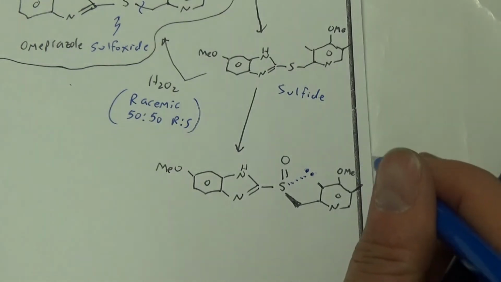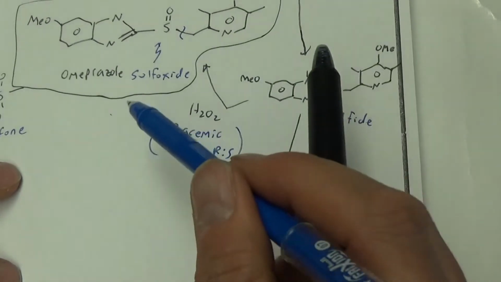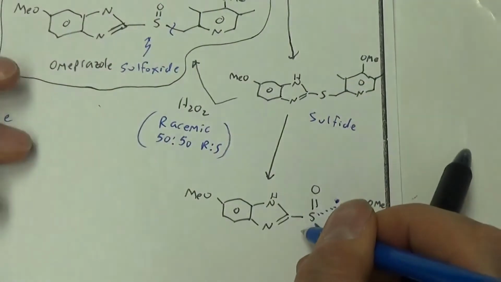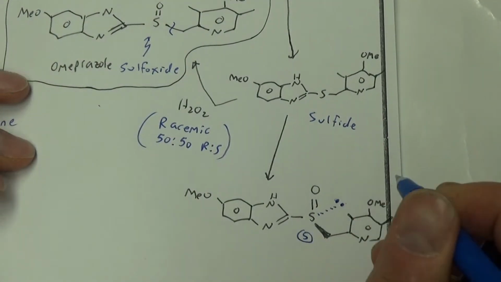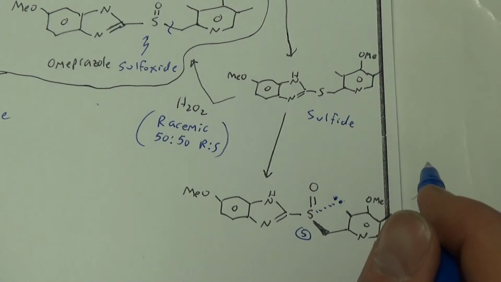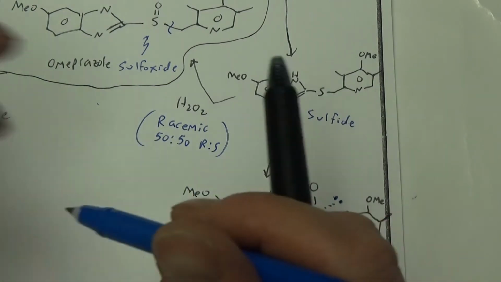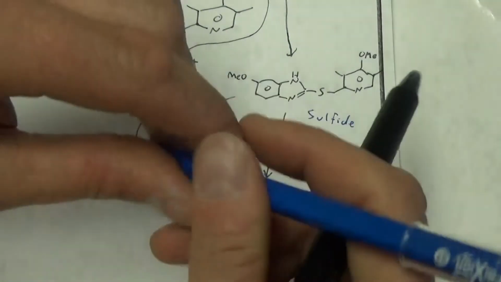Okay, and what was the name of this? It was a very clever name. This is omeprazole, and the stereochemistry is S, right? If you do the chirality determination, it's S. So the name was esomeprazole. They put that into the name.